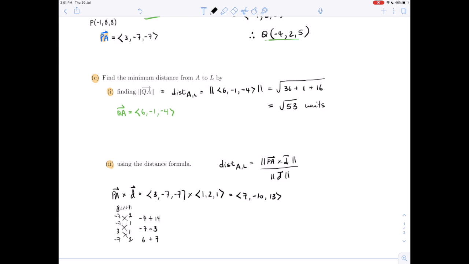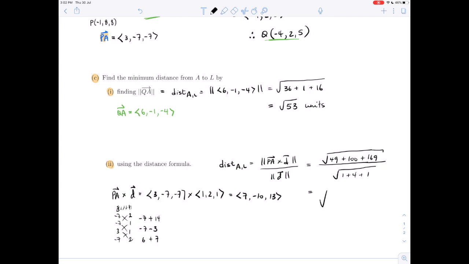And that lets us calculate here the norm of that cross product, which is the square root of 7 squared is 49, plus minus 10 squared is 100, plus 13 squared is 169, divided by the norm of vector D, so 1 squared plus 2 squared plus 1 squared.